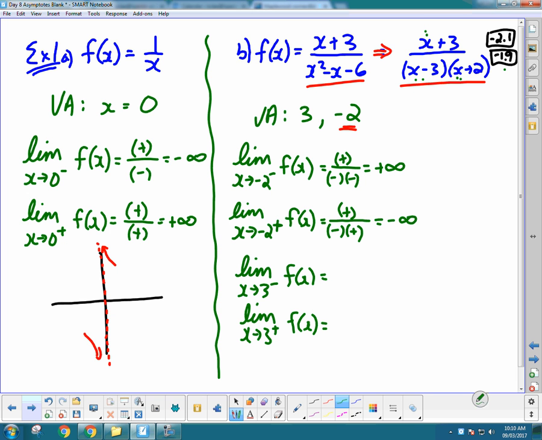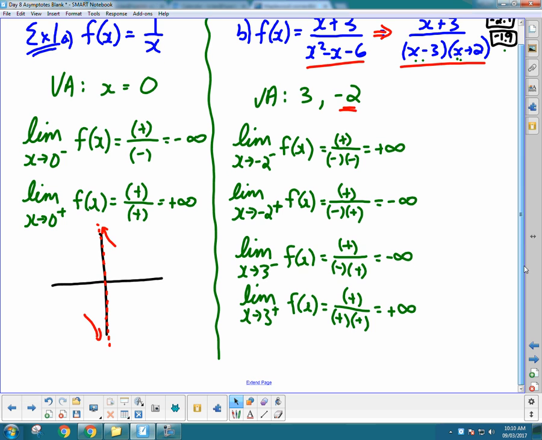And again, in my head, just to the left of 3, like 2.9, that's going to be a positive on the top, and the bottom will be negative. It's going to be negative infinity. And if I pick a number just to the right of 3, like 3.1, plus 3 will go positive, minus 3 will stay positive, and this will be positive, and this goes to positive infinity.